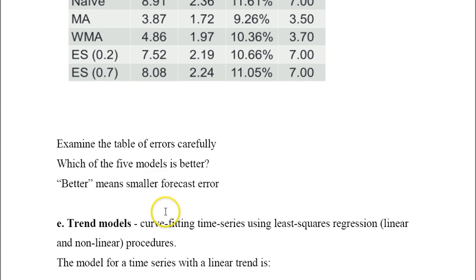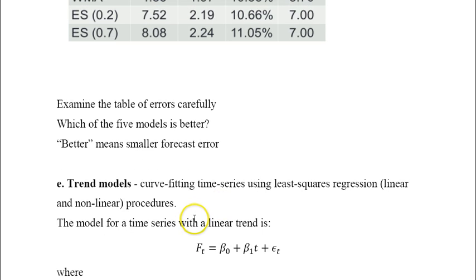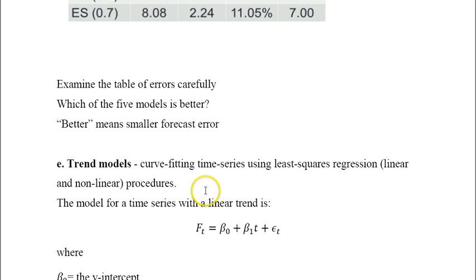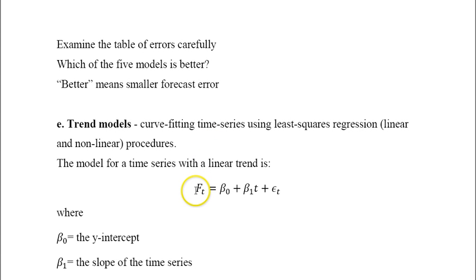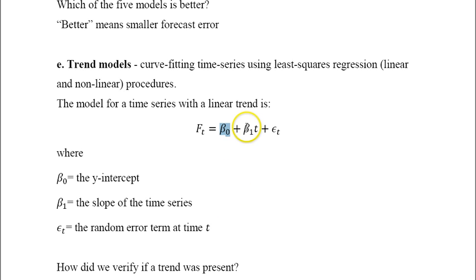Next we're going to look at trend models, and at curve fitting time series using a least squares regression model. If our data suggests that we have a linear trend, then the model we use is the regression model, where ft is the forecasted value, this is the y-intercept, this is the slope, and we use t as our independent variable, and the epsilon here is the random error.